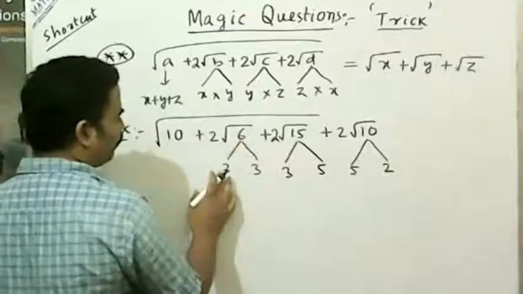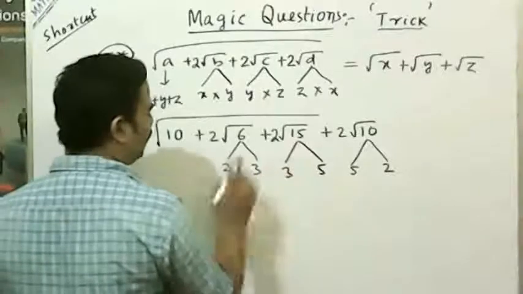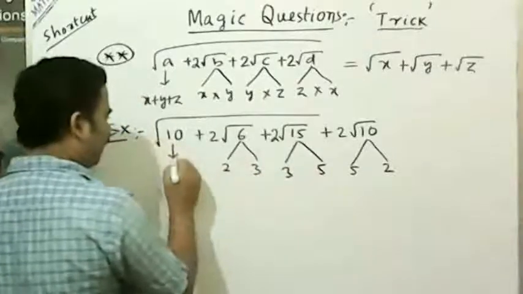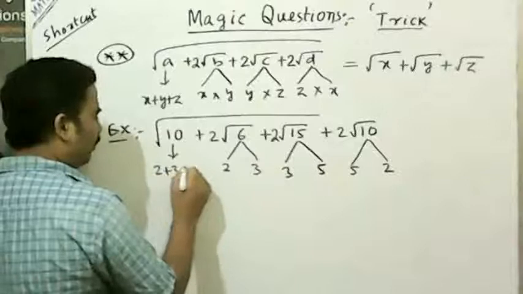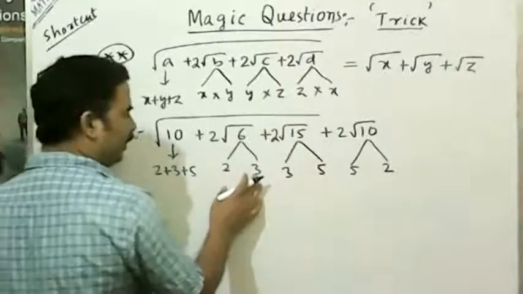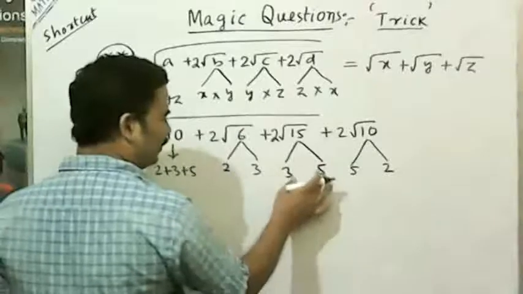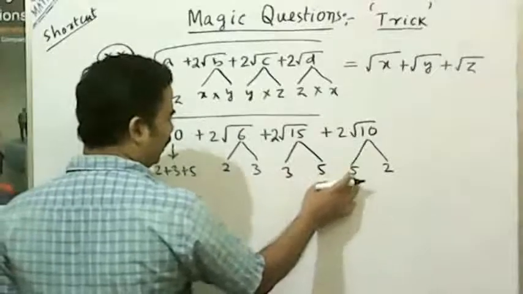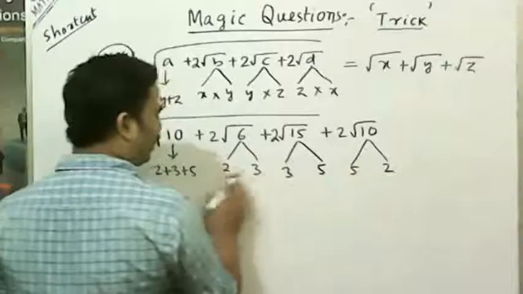So here 2 plus 3 plus 5 is equal to 10. Means 2 is x, 3 is y, then y, this is z, this is z, this is x.